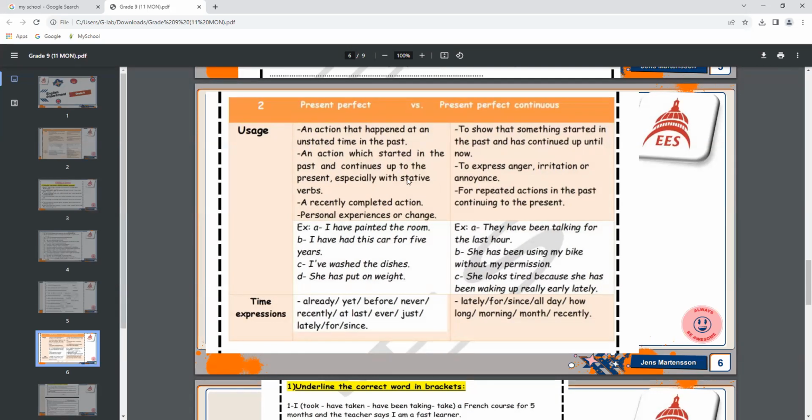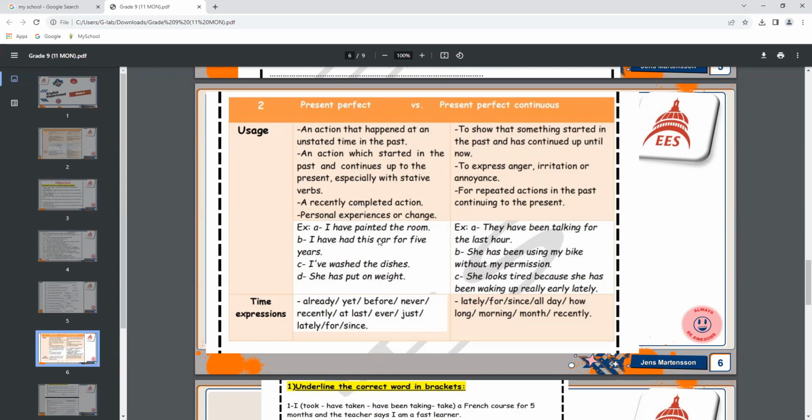Okay, let's move to the next usage. A recently completed action, it means an action that has finished lately. I can think maybe it's just finished in the present. Like I have just eaten my lunch. This means I just finished my lunch some moments ago. Okay.